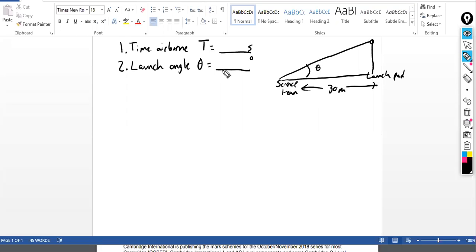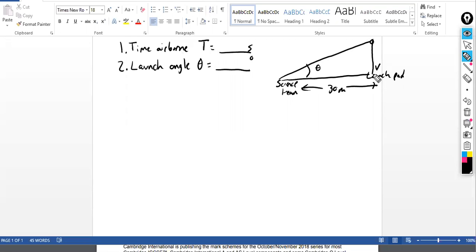So the time airborne and the launch angle will be two pieces of data that are collected in order to reach a couple conclusions. The first conclusion that we want to reach is the initial velocity. In order to calculate initial velocity, like how fast do we have to launch something so that it's reached a stop by half of this time later.